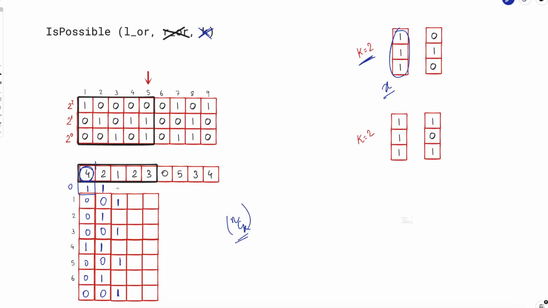And whatever was previously feasible will still remain feasible without taking the current element. So at this stage, you can see every XOR value is feasible.